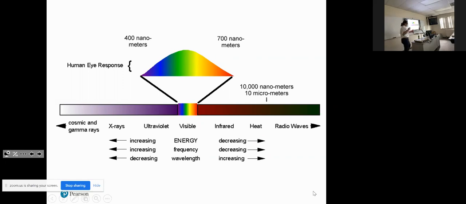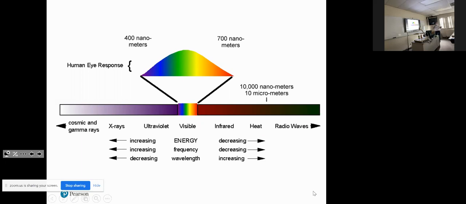Your eyes have sensory receptors within the cones that are capable of detecting whatever color is being kicked back, as long as it falls within that spectrum. We're obviously not going to be able to see infrared or anything ultraviolet, because our eyes can't pick up on that. So that's briefly how color works.